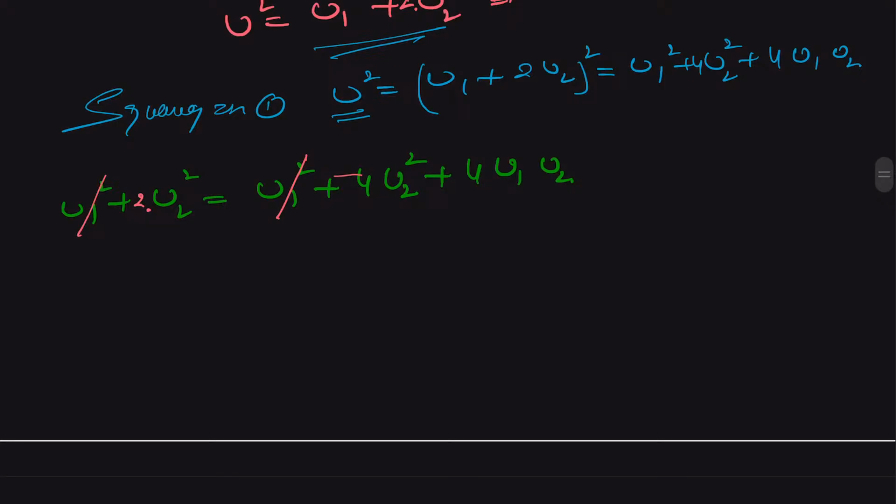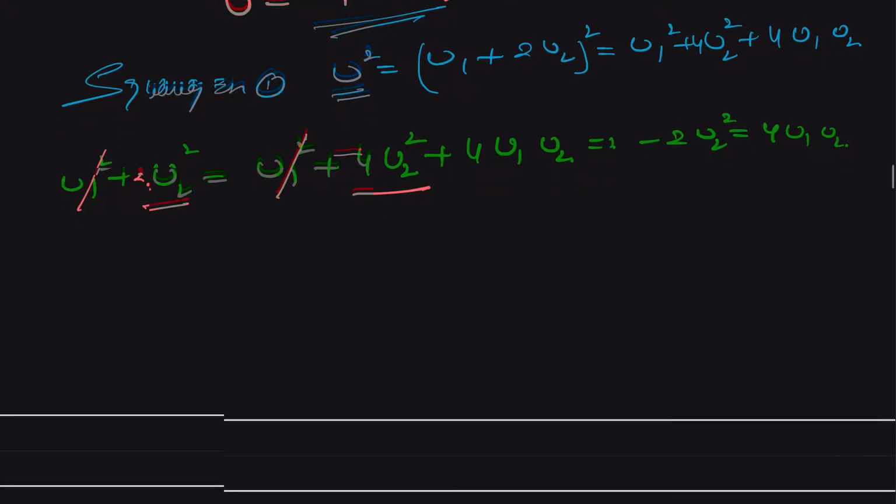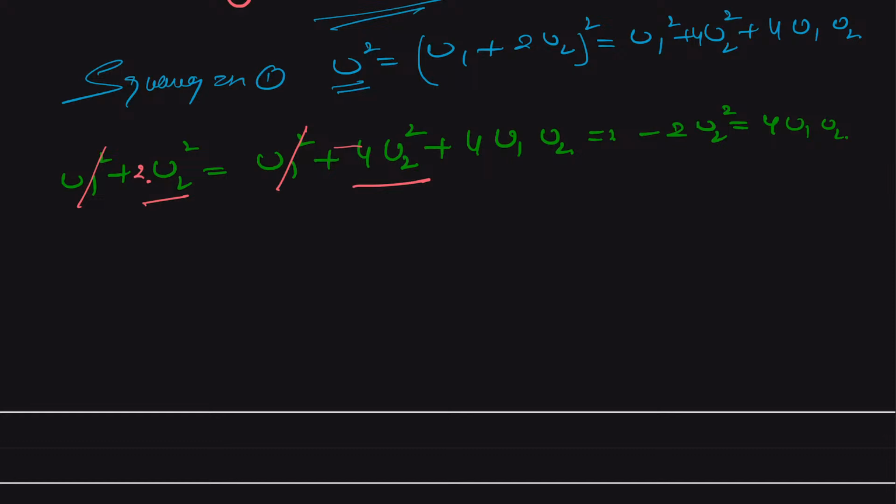So from here we can combine these two terms, and this gives us minus 2 v2 square is equal to 4 v1 v2, and we can also divide by 2, so we get minus v2 square is equal to twice v1 v2.